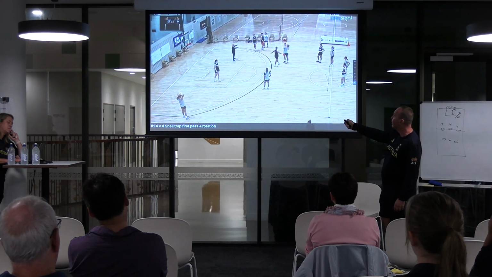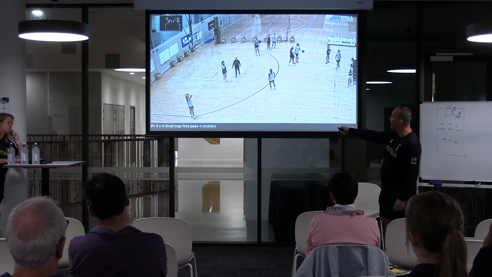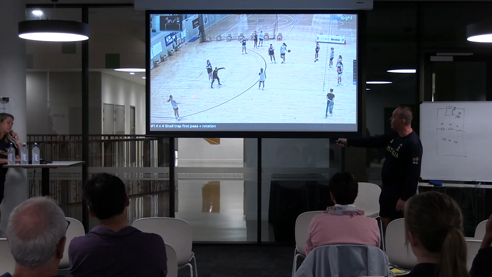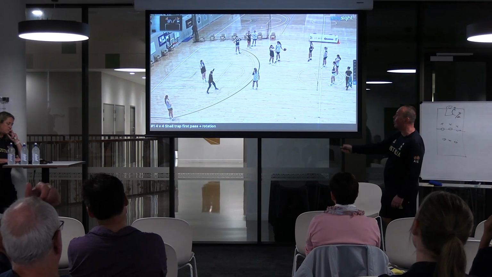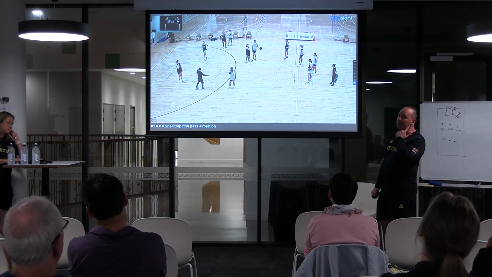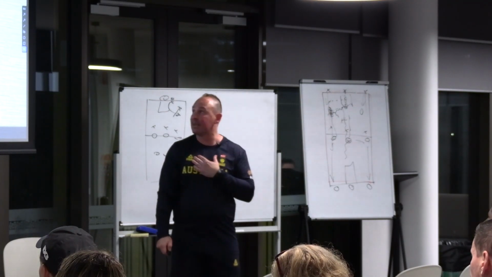On the rotation, Alana's got to get that. The person who's out of there, Lauren may need to stunt to buy time for Polly to get back, whether it's high or low. So going back to Chris's point, communication is really important in rotations and trapping about who's rotating and who's staying.